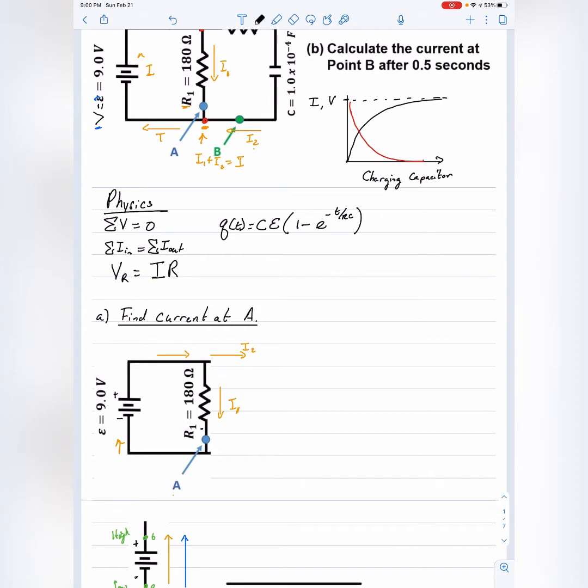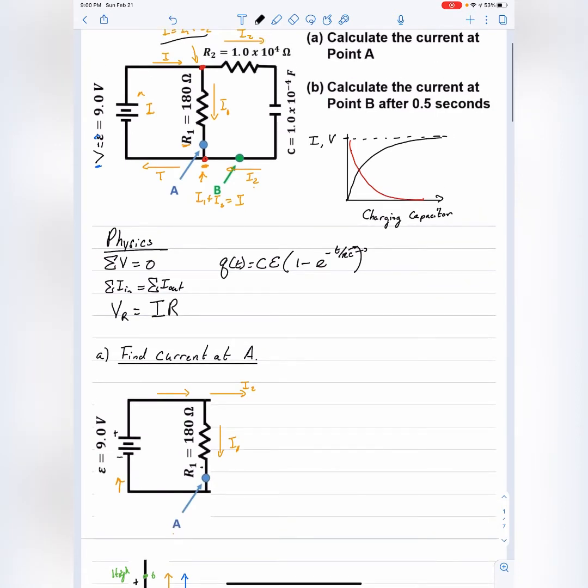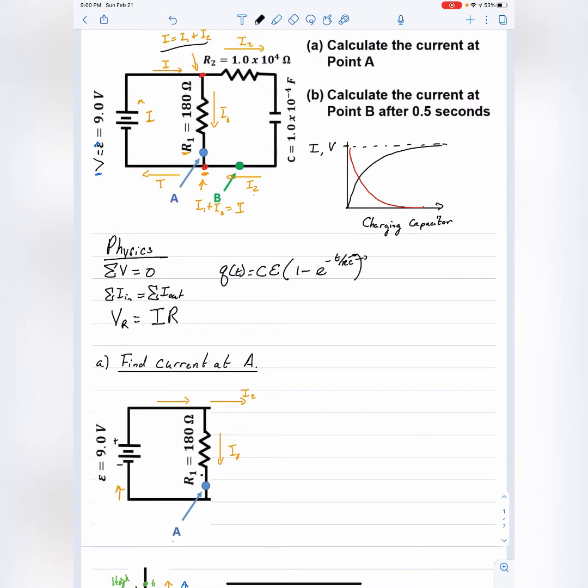This is affected by the resistor and the capacitance. In this situation, if we're looking at the capacitor right here, we are being affected by R2 and the capacitance here. But resistor 1 has nothing to do with it. So we have nothing to worry about resistor 1. You don't have to find the parallel or whatever.